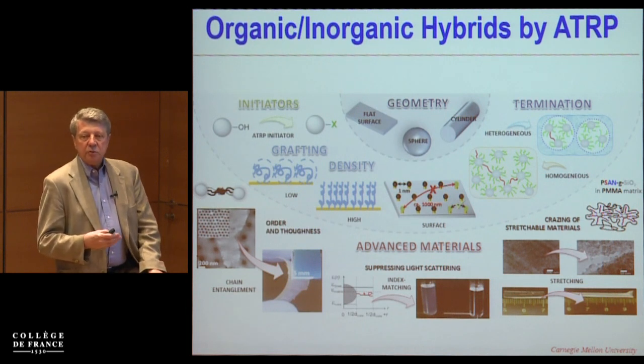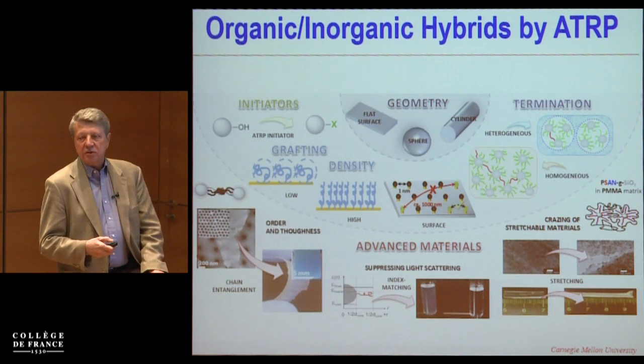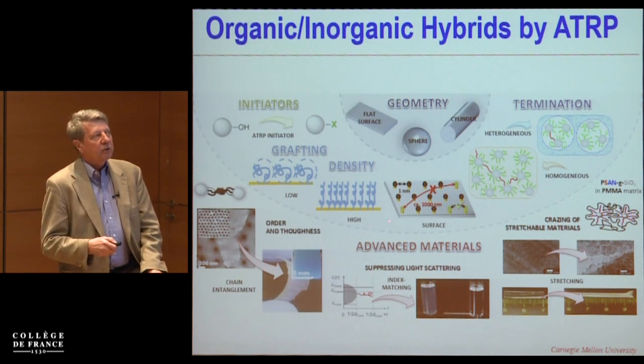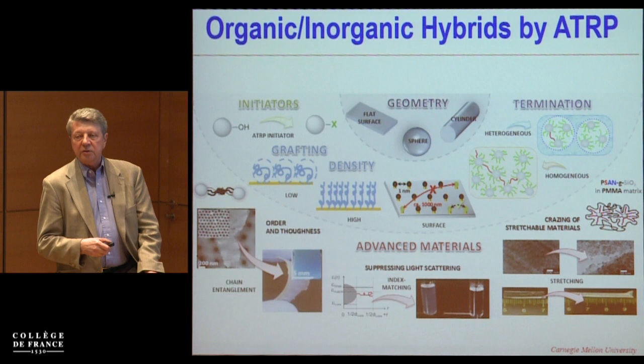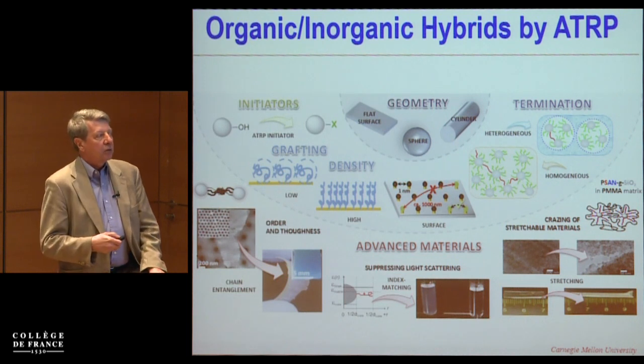There are some issues which we will be discussing very briefly, how one can prevent termination in these systems, because they are very multifunctional systems, and it will be a different issue on a flat surface and on these nanoparticle surfaces. But if you do it in the right way, you can end up essentially with sometimes very regular structures.